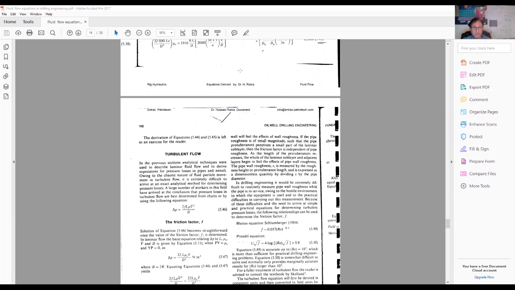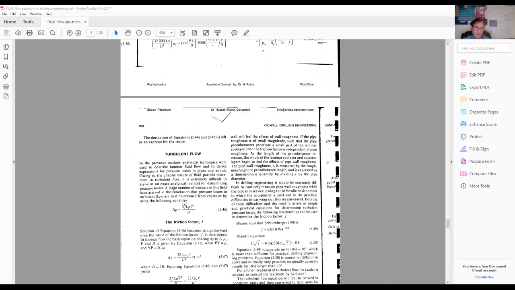So simplistically, we use this equation, which was derived a very, very long time ago, and it depends on the friction factor. This equation is quite simple. It just depends on the length of the pipe, the average velocity, the diameter, and of course, the density. But you can see it contains F, the friction factor, and that is quite a difficult term to calculate.